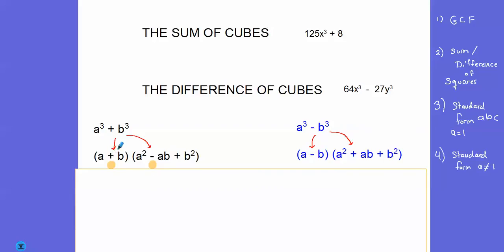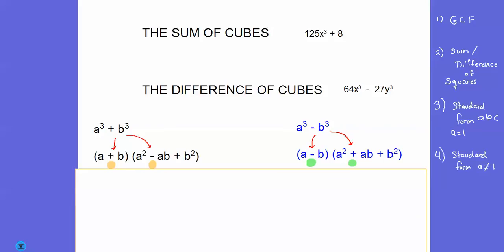Notice that when you have the sum of cubes, the plus sign is replicated in the front, whereas the very next symbol is going to be subtraction. When you're talking about the difference of cubes, the subtraction sign is in the binomial, whereas the plus sign is reversed and is the first term in the trinomial.